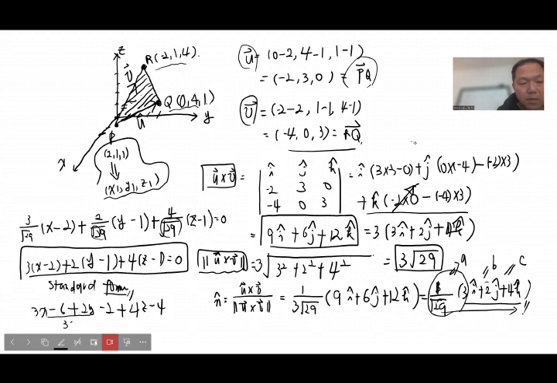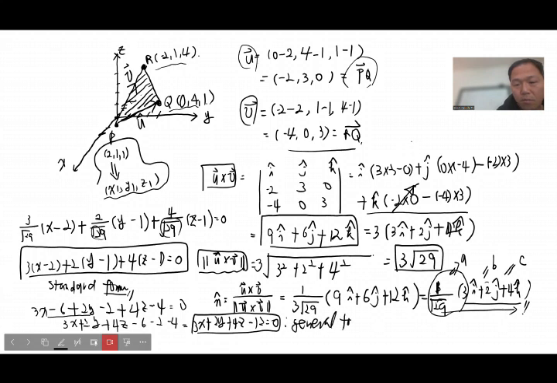So that should be 3x, 2y, 4z, and that is minus 6, minus 2, minus 4. So that is 3x plus 2y plus 4z minus 12 equals 0. So that is the general form of the plane.